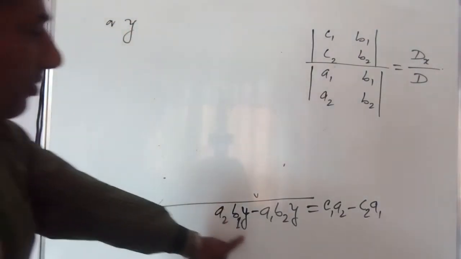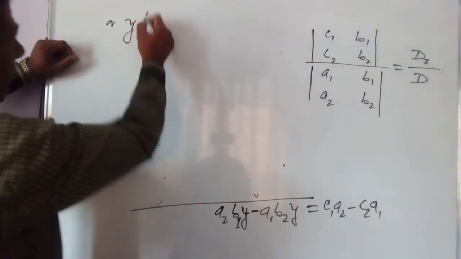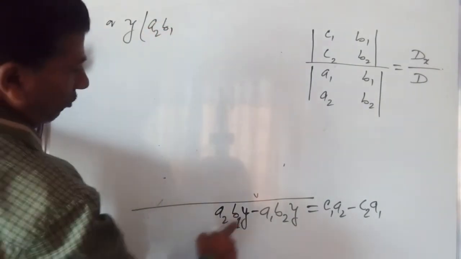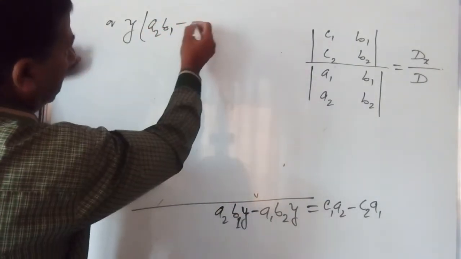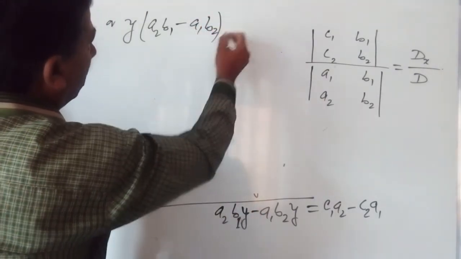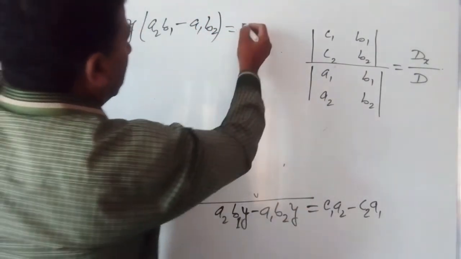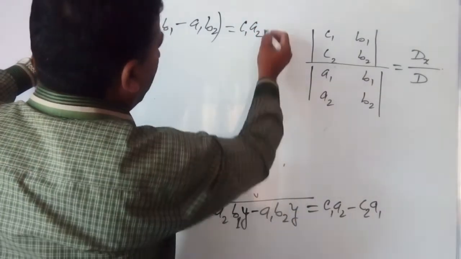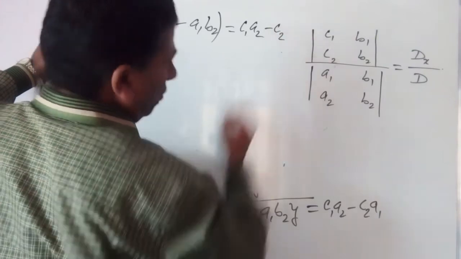I'll take y common from these two terms. When you take y common, it will be a2 b1 minus a1 b2, equal to, right hand side, c1 a2 minus c2 a1.